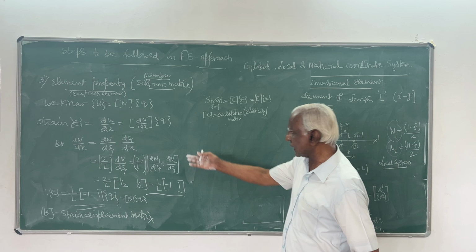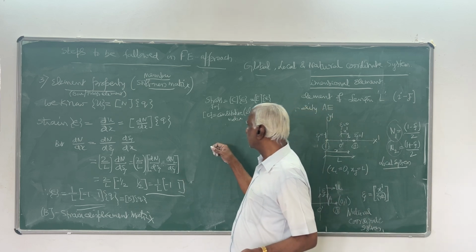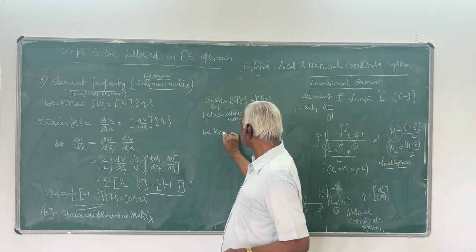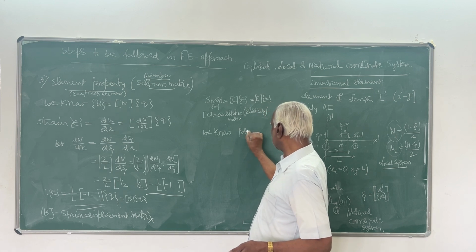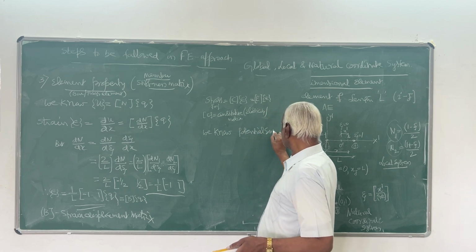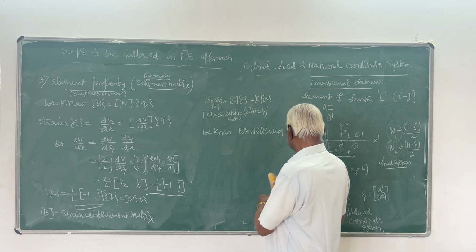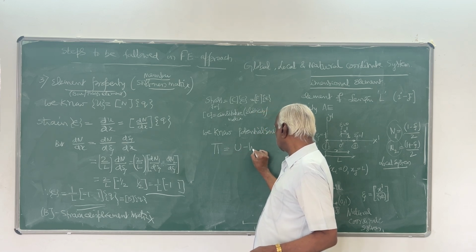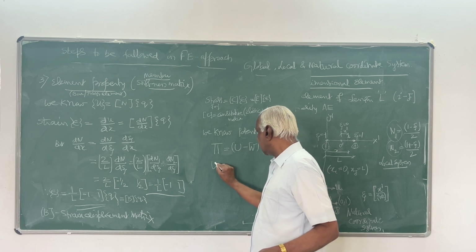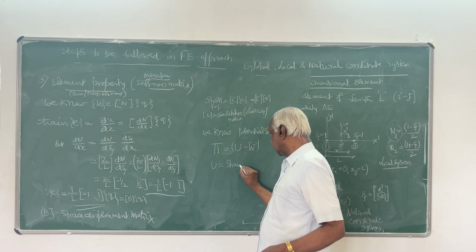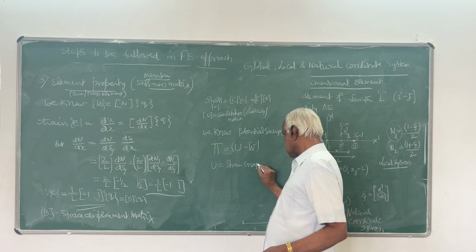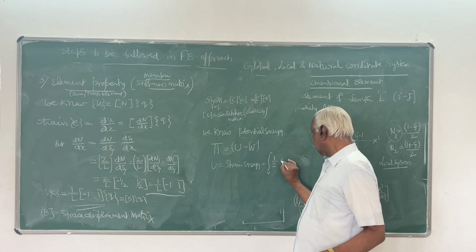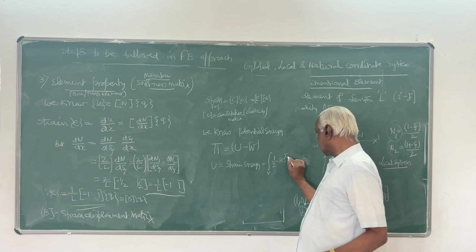Then, after knowing strain and stress, you can find stiffness. So, we know the potential energy, pi is equal to U minus W, where U is the strain energy, because within the elasticity limit, strain energy is given by half epsilon transpose sigma.